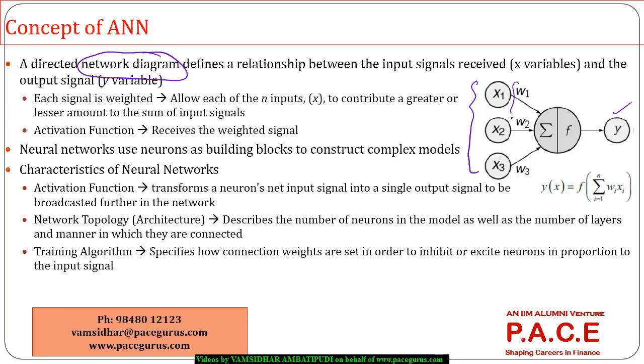You also see here I'm giving some kind of weights w1, w2, w3 to each of the input variables. The reason why I am giving the weights is, even if you look at the human brain trying to understand any particular input information, I try to give some weight to some information, and very less weight to some other information. In the same way, different inputs that are being supplied carry different kinds of weights.